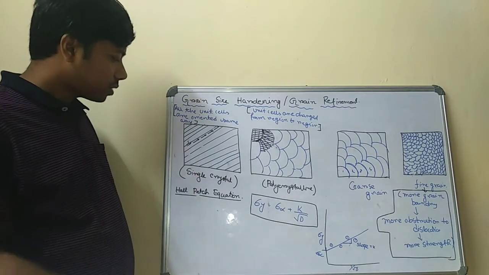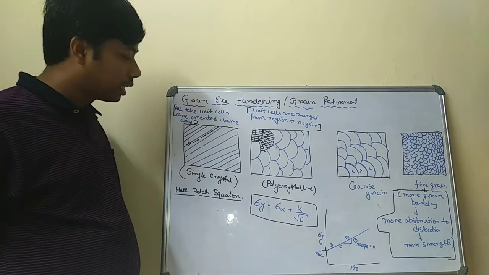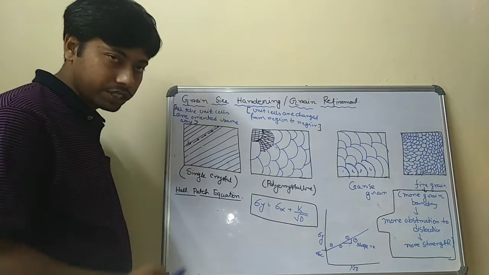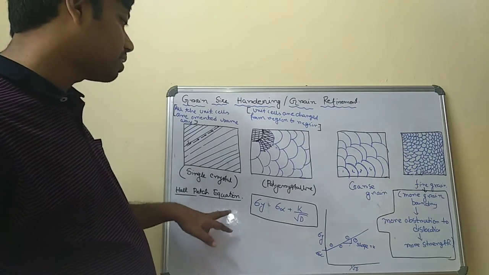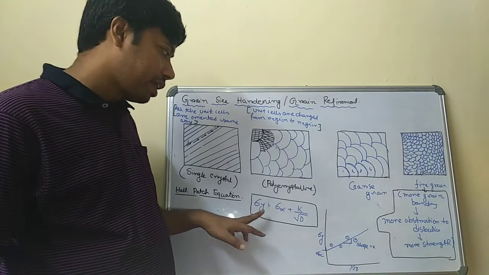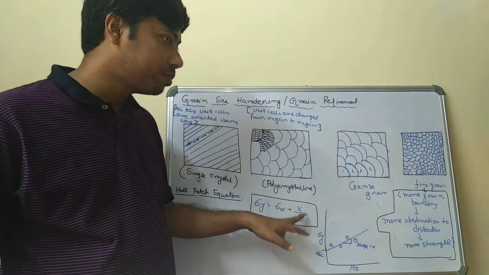Regarding grain size hardening or grain refinement, one important equation is the Hall-Petch equation. The Hall-Petch equation suggests that sigma y is equal to sigma infinity plus k divided by the square root of d.